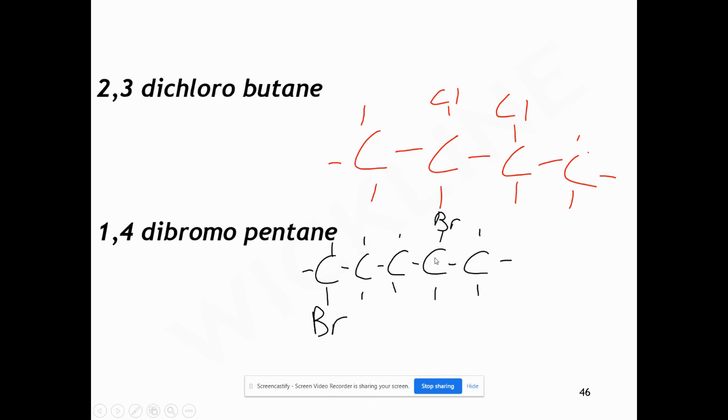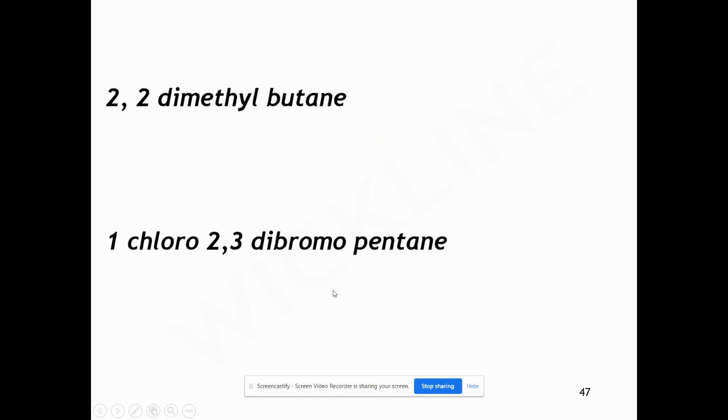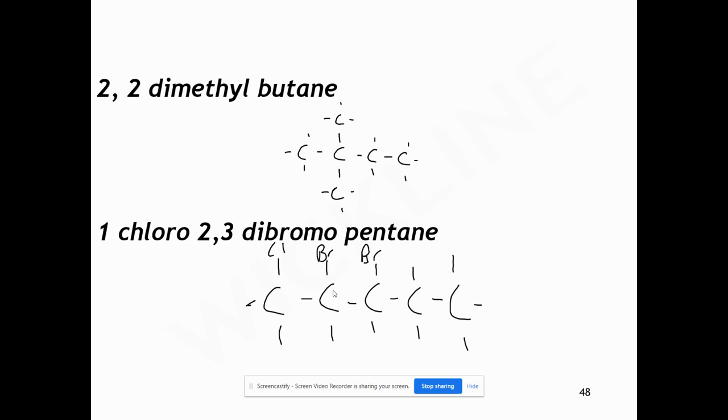You can't go this way, you can't say 2, 5. You have to start with the closest one. 2,2-dimethylbutane. Draw your butane. And then you need a methyl and a methyl. I don't know why that one's in there. 1-chloro-2,3-dibromo. That's a tough one.